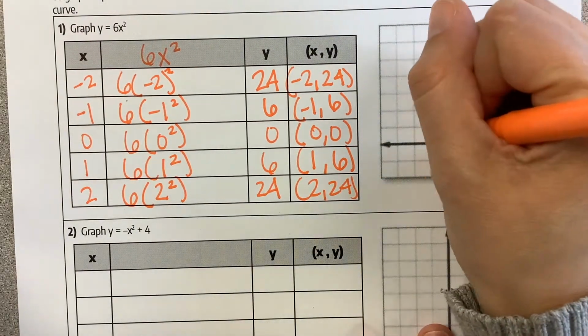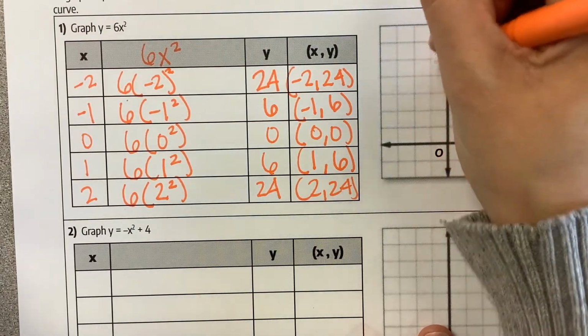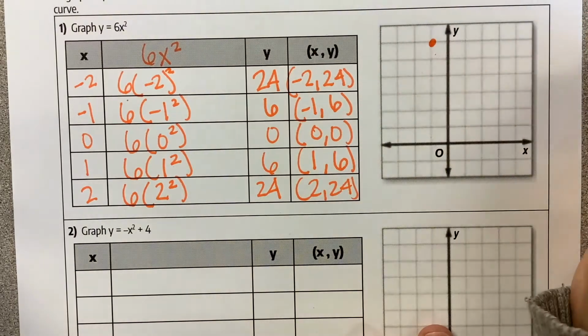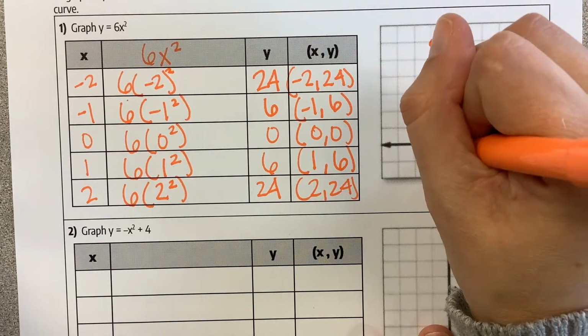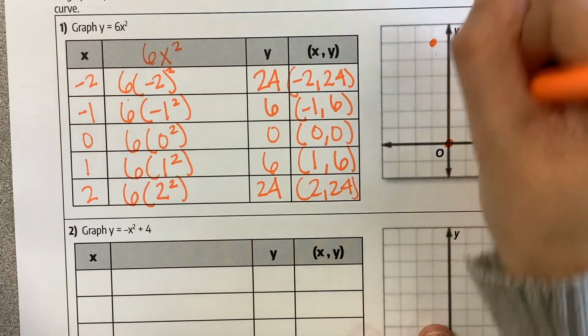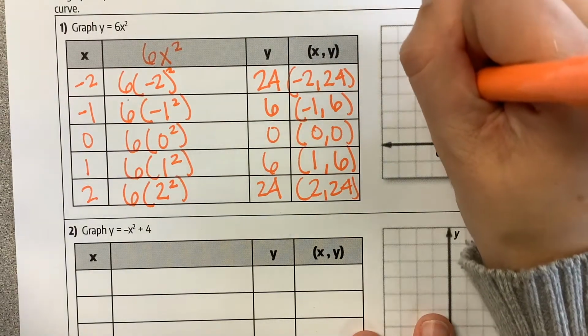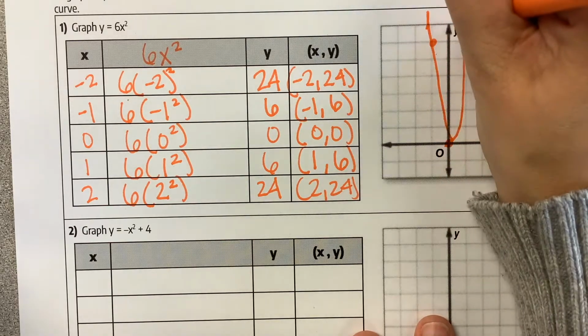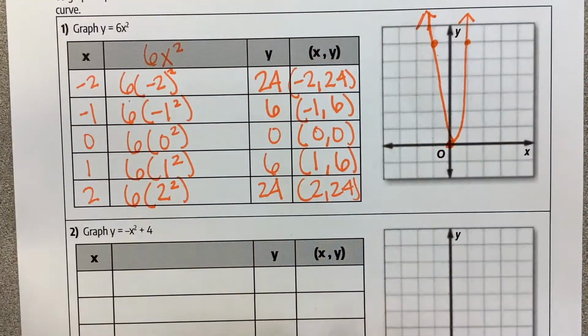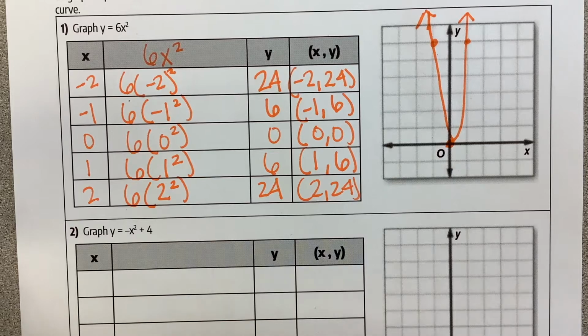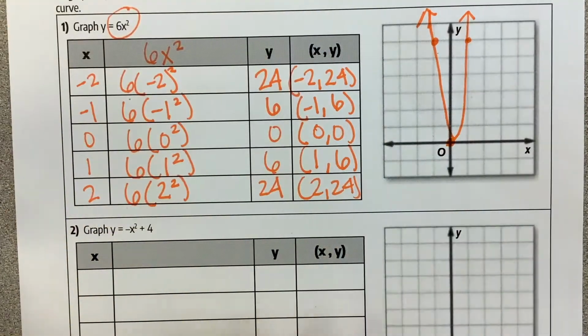So I'm going to plot -1, 6, 0, 0, and +1, 6. I'm not going to be able to do this perfectly. That wasn't beautiful, but it should make a U shape going up because it is a positive x squared.